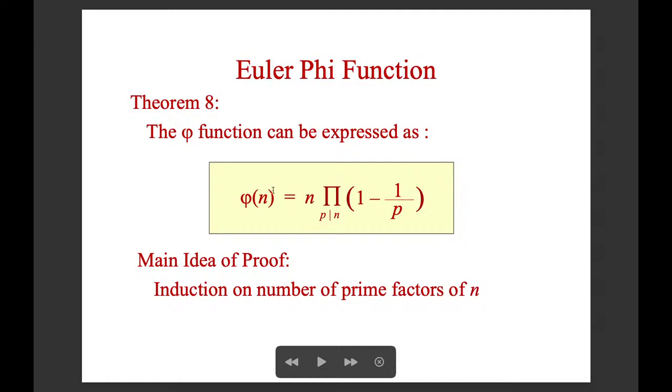So phi of 10 will be equal to 10 times 1 minus 1 over 2 times 1 minus 1 over 5. After some simplification, we get 4. So this is a formula that allows us to compute phi of n easily when we know all the distinct prime factors that divide n properly.